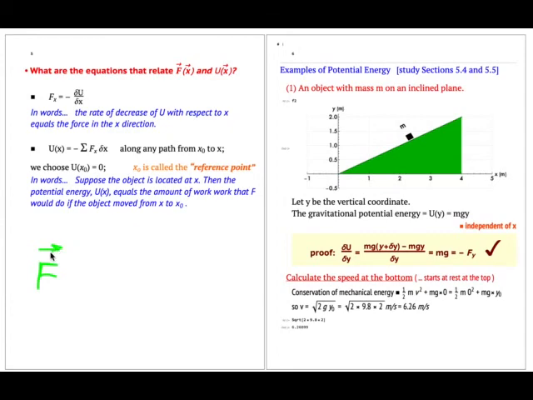This might not be the only force acting on m, but it's a force that acts on m. It could be the only force acting on m, but not necessarily. And let's suppose it depends on position, but not velocity. So there's a force, and depending on where the mass that it's acting on is located, it'll have a different value of force.